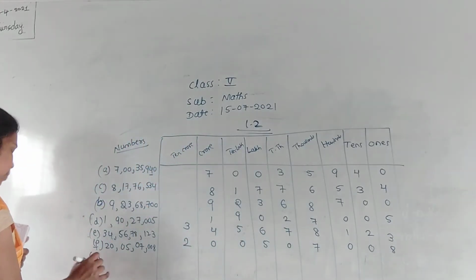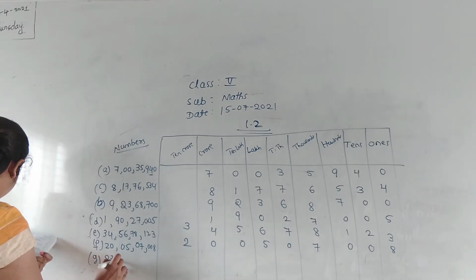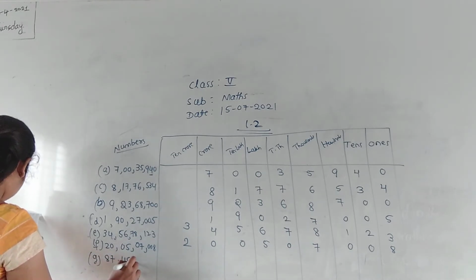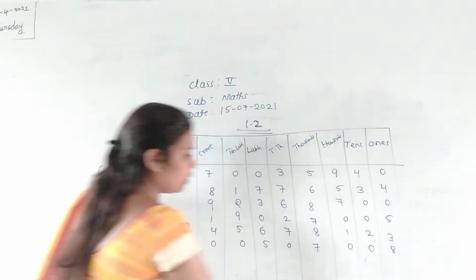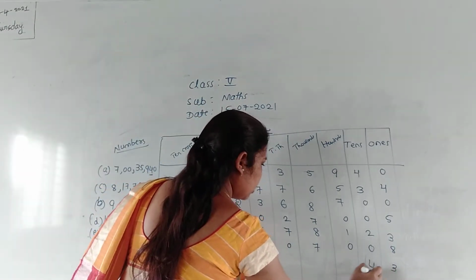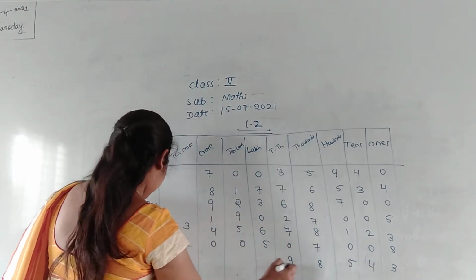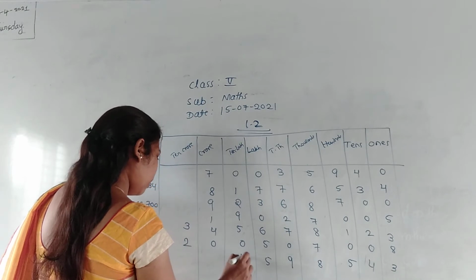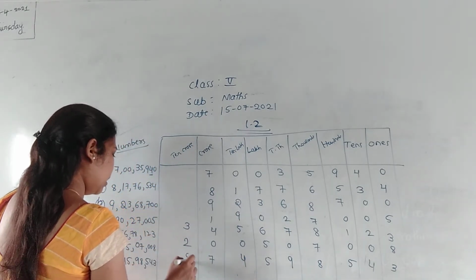Next, G. 87 crore 45 lakh 98,543. Now write the number in the place where you start first. That is 3, 4, 5 here. Next 8. Here will be 9, 5, 4, 7, and here 8.